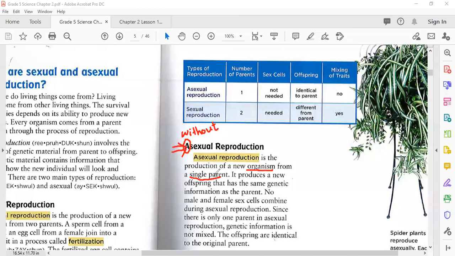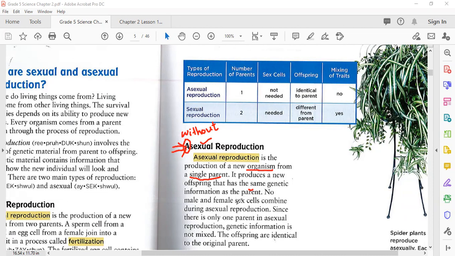In sexual, we have two parents, but in asexual, we have only one parent. It produces a new offspring that has the same genetic information as the parent. It's similar. No, there is no difference between the parent and the upcoming baby.